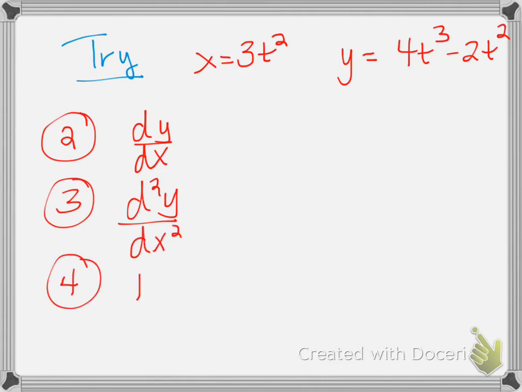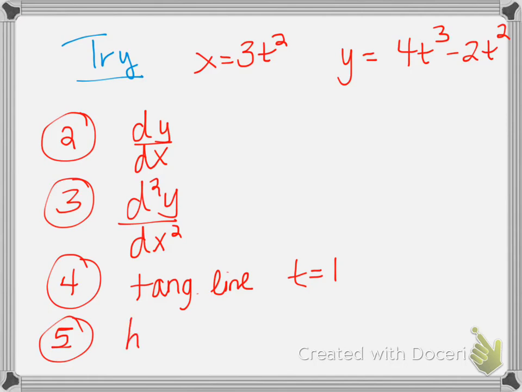The fourth one is to find the tangent line at t equals 1. And the fifth one is to find out where the horizontal tangents are. I didn't do an arc length one, but you do need to know how to do that also.